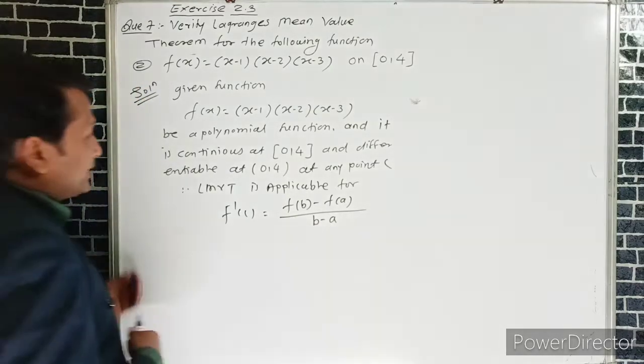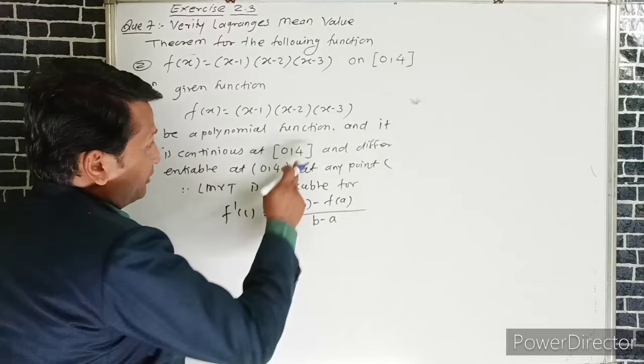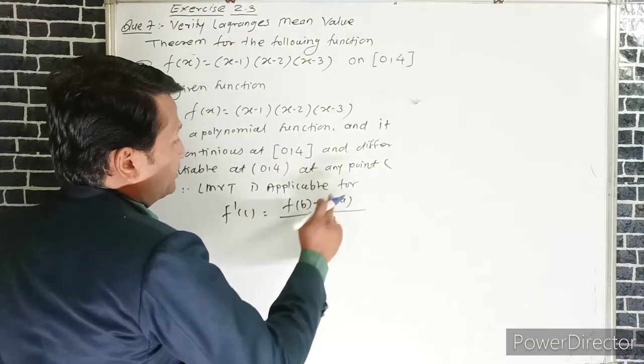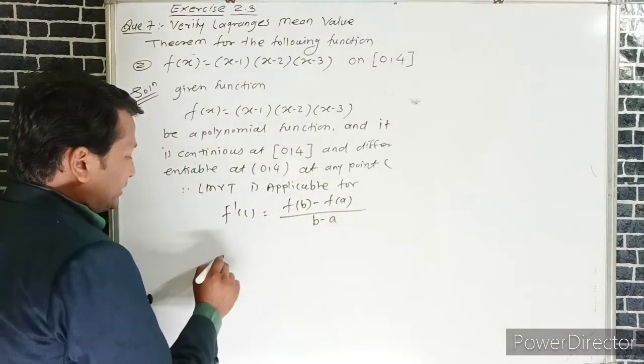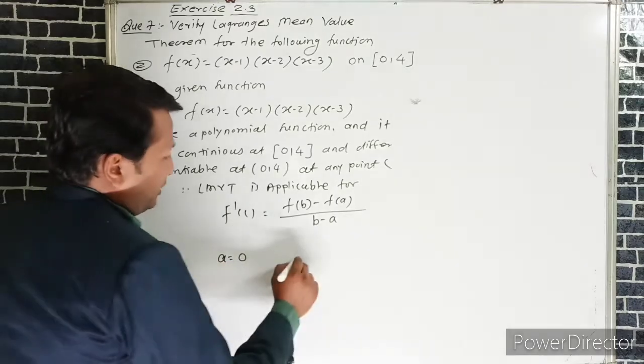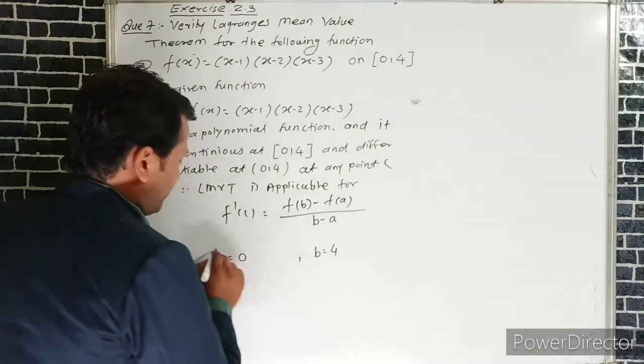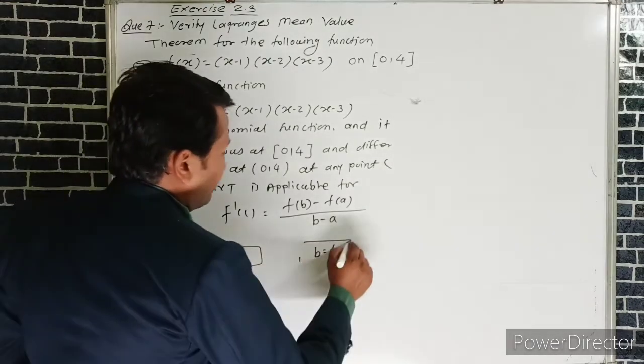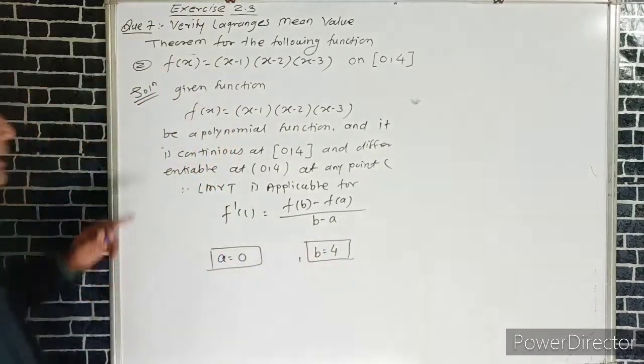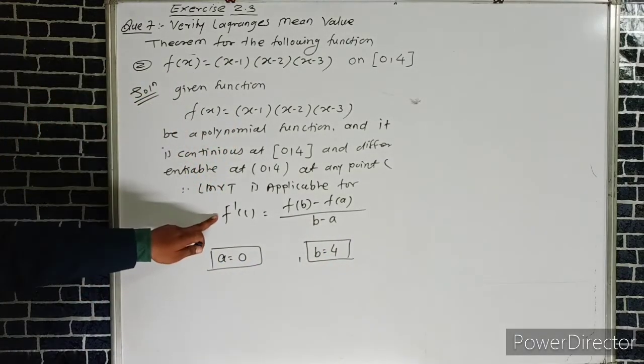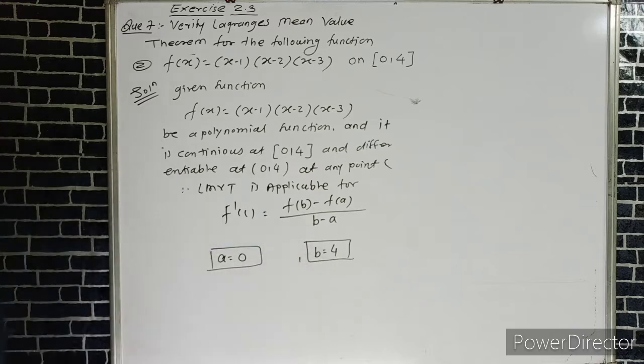So also we can write (f(4) minus f(0)) upon (b minus a). Hence here the value of a is 0 and the value of b is 4. By using these values a, b and f(x), we can find f'(c), f(a) and f(b).